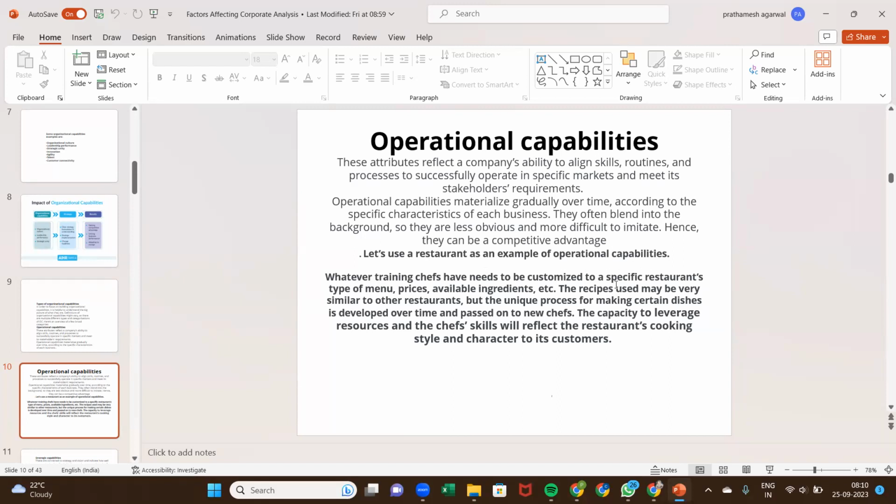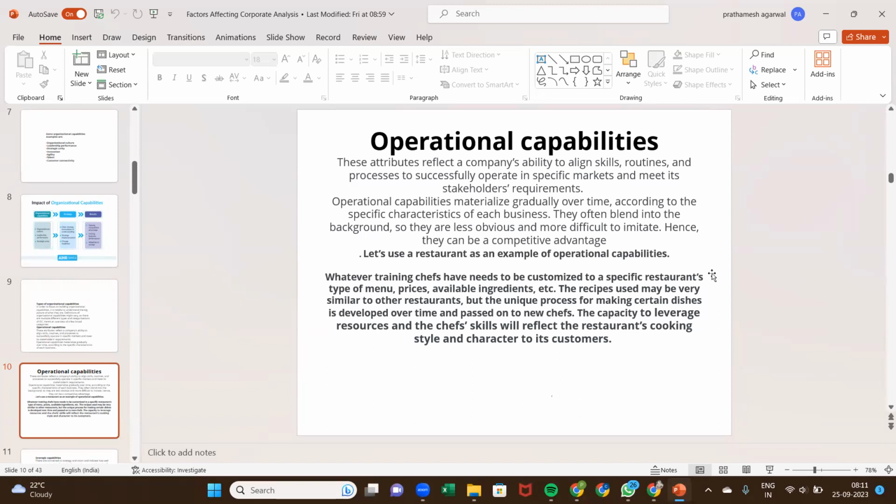Okay. Now, the best example is a restaurant. Let's use a restaurant as an example of operational capabilities. Whatever training chefs have needs to be customized to a specific restaurant's type of menu. Suppose we have a chef who is very good at Italian cuisine.